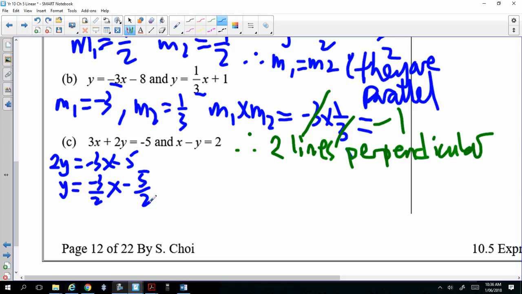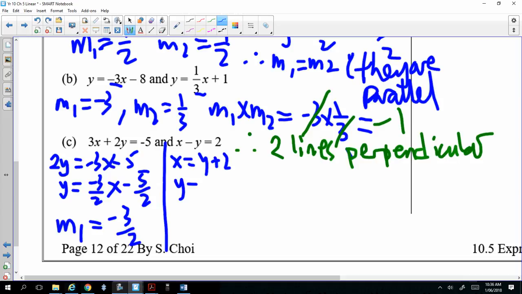And then you get m1 equal to -3 over 2. m2, you have to make y the subject as well. So you get x equal to y plus 2. y equal to x minus 2. And therefore the gradient of the second one is 1.